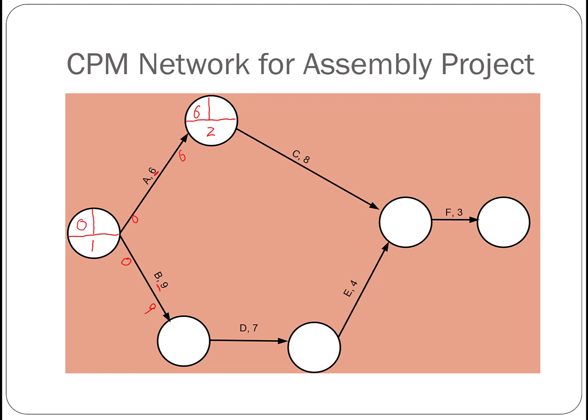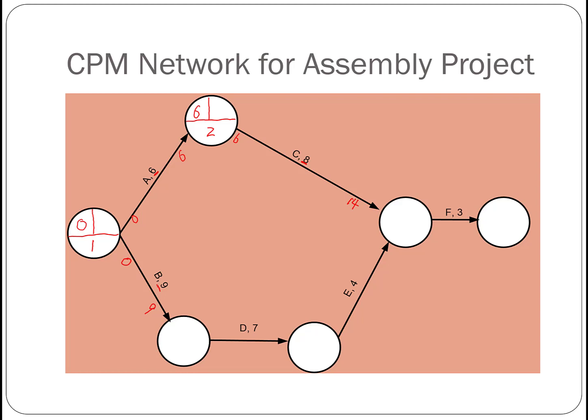And this 6 will go to here, because when A completes by day 6, C can start. So C's early start time is 6. And the 6 plus this 8 here is 14, representing that by day 14, we can complete C.